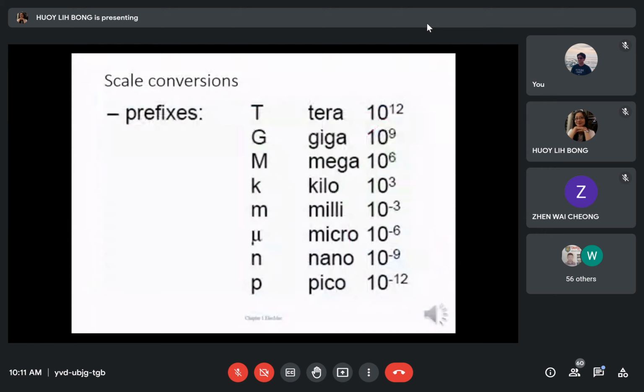For example, if we have 10,000 volt, we usually write it as 10 kilovolt or 10 times 10 power of 3 volt. So keep in mind, you may write down your answers in the following prefixes.